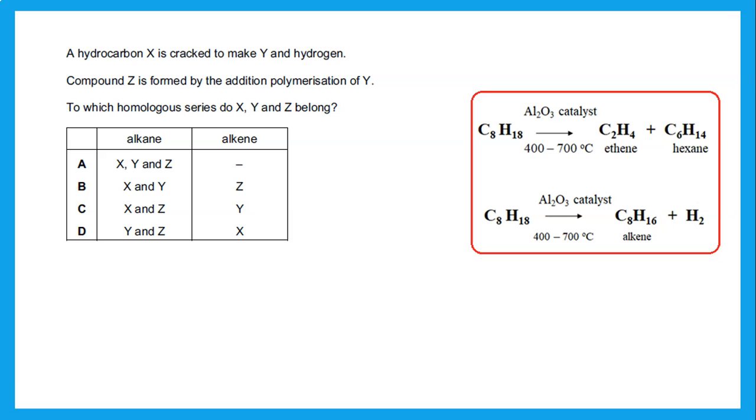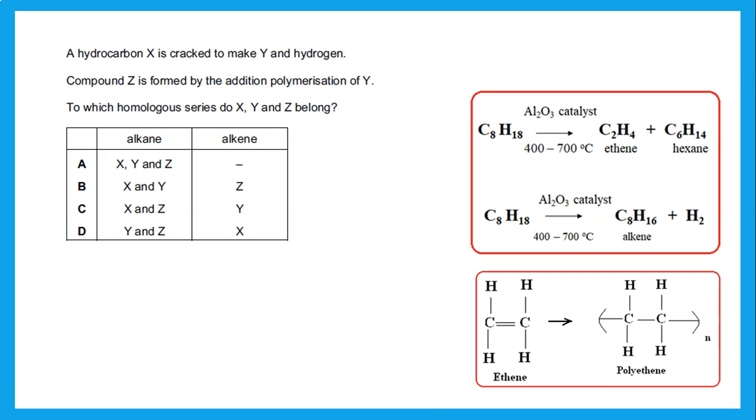But when we make the polymer, it now becomes an alkane. So when we make polymers, we're starting with alkene, but when we join many alkenes together to form a polymer, that polymer is actually saturated, or it is an alkane. So my answer here is C.